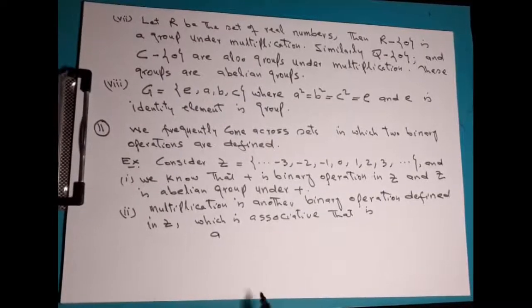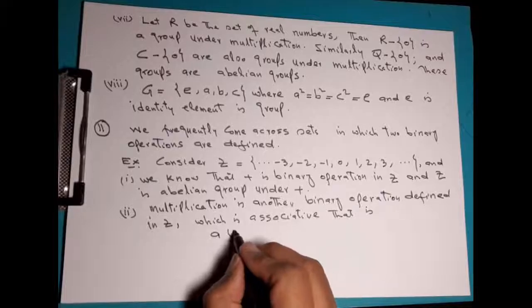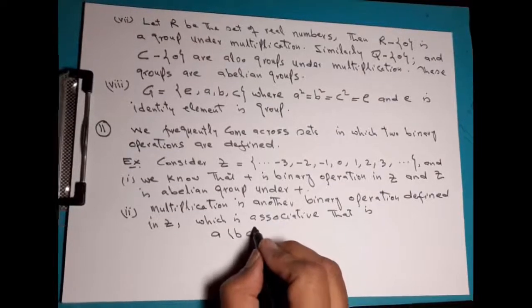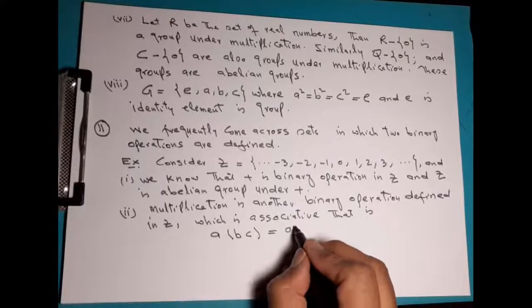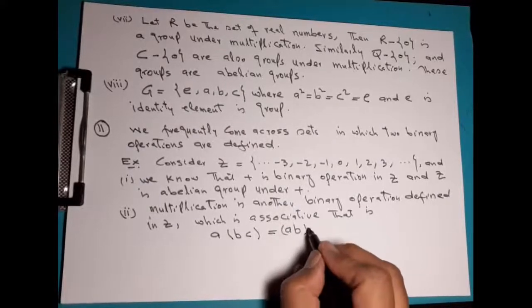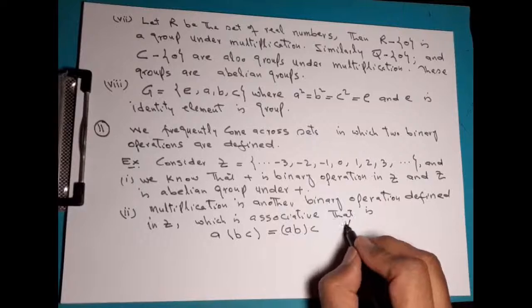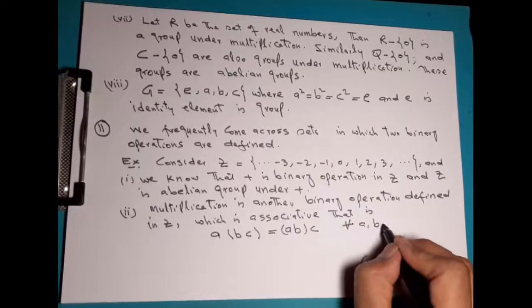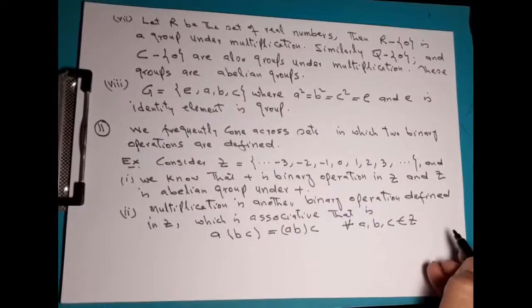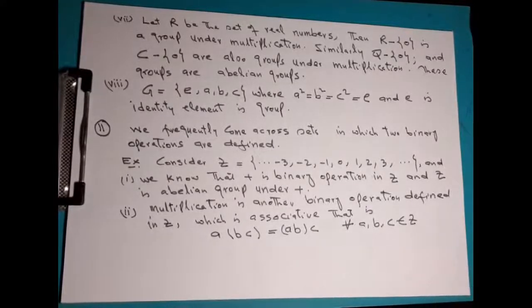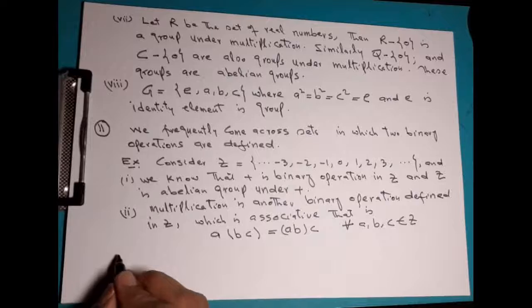So associativity will be written as A multiplied with the product of B and C is equal to the product of AB multiplied with C, for all A, B, C belonging to Z. So multiplication is associative in the set of integers. This is our second observation.